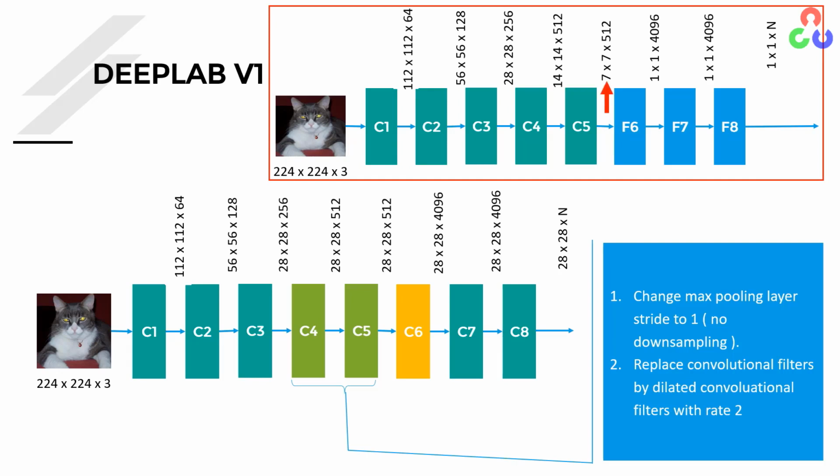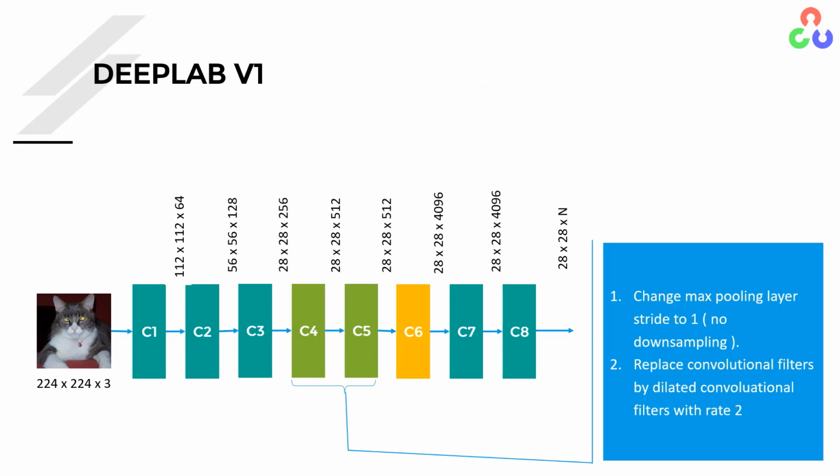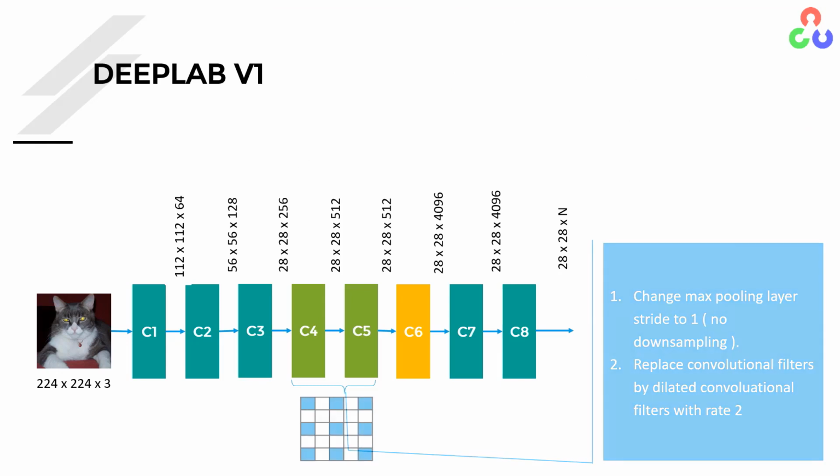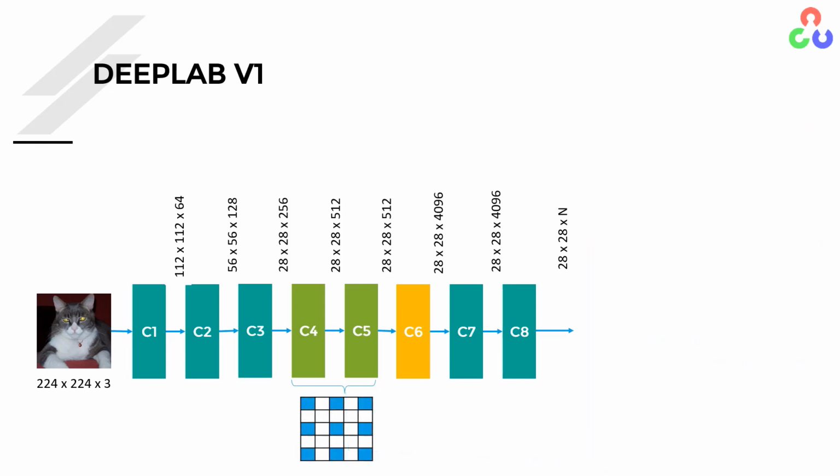We don't want that. The other thing that happens is that the convolutional filters in these 2 layers have been replaced by dilated convolution filters with rate 2. Rate 2 means in every row there are 2 new columns that have been added, and similarly 2 new rows have been added as well. So this filter represents a convolution with dilation of rate 2.